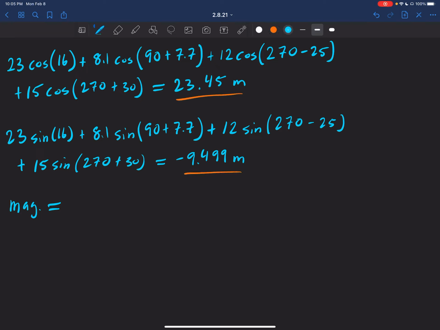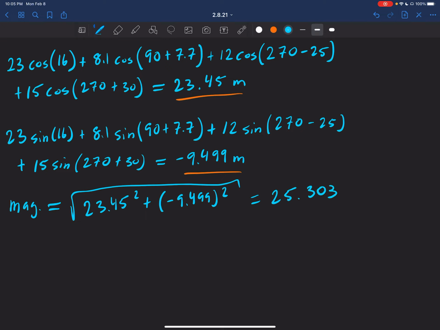So we're going to take 23.45 and square that. We're going to add it to negative 9.499 squared. Take the square root. It's going to give us about 25.303 meters.